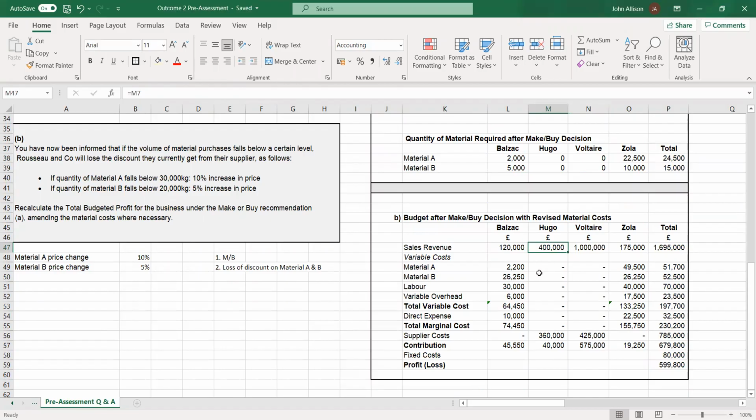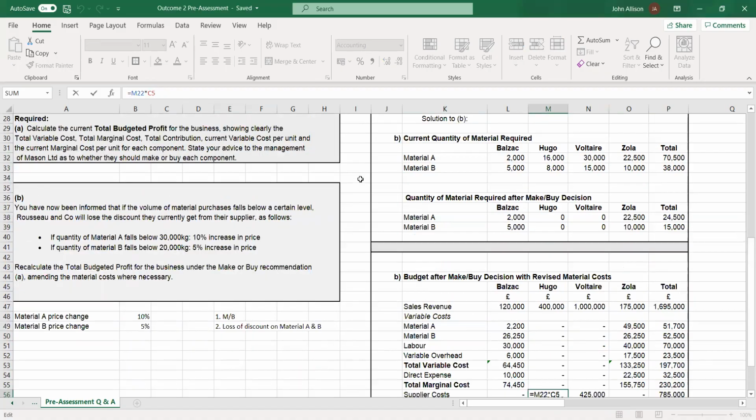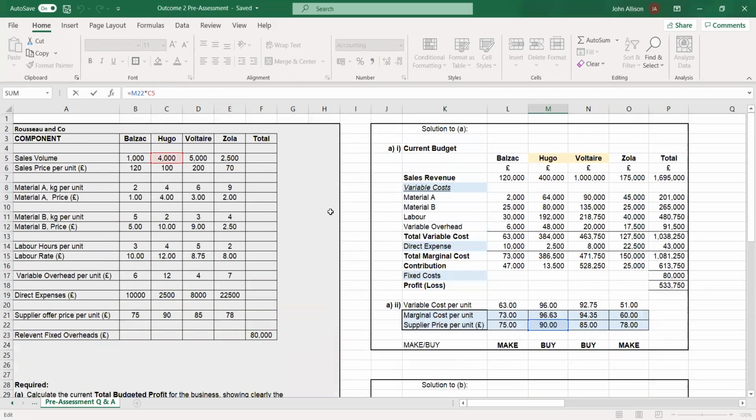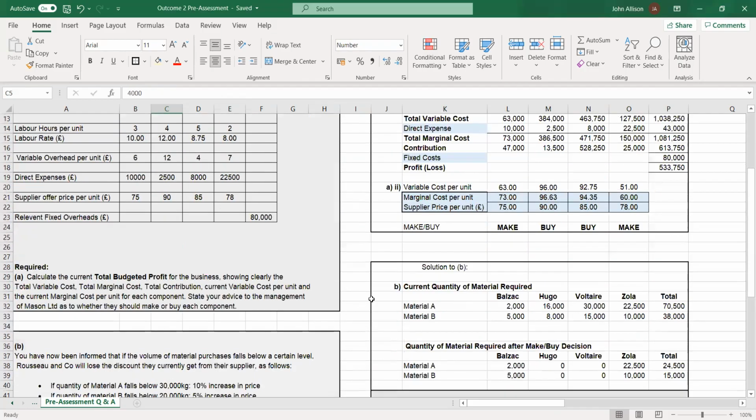But this time, instead of taking away the material costs and the labour costs and the variable overhead and the direct expenses, we're just taking away the supplier costs. And the supplier cost is going to be the cost the supplier's charging us, which for Hugo is going to be £90, and we're going to multiply the £90 by the 4,000 units that have been sold.